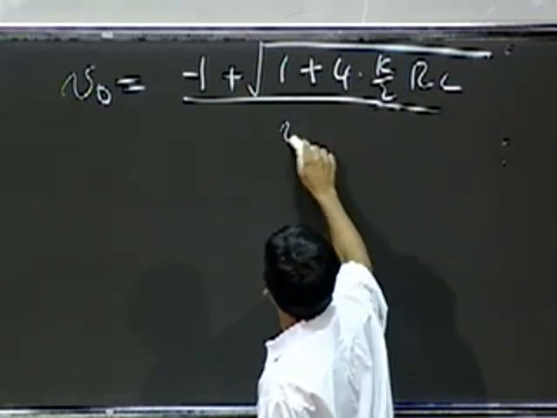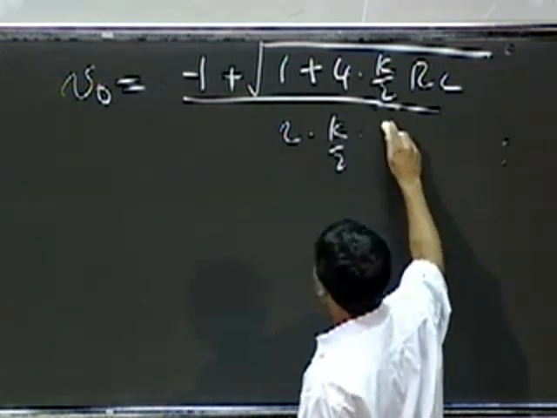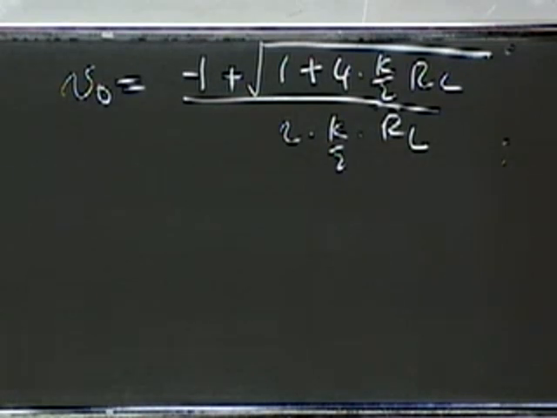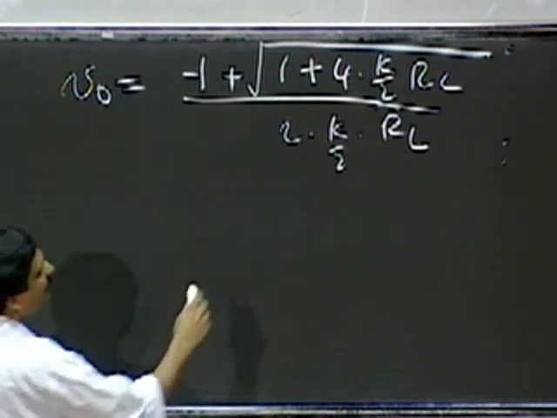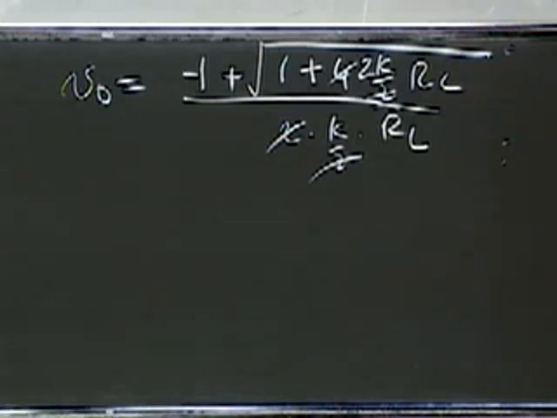And 2a is simply 2 times k divided by 2 RL. So that's what I get, and that gives me V naught.